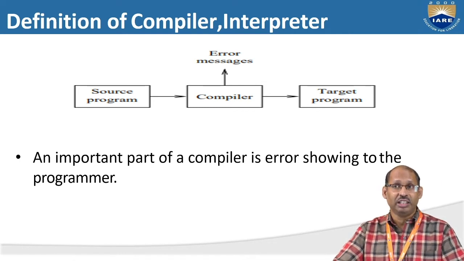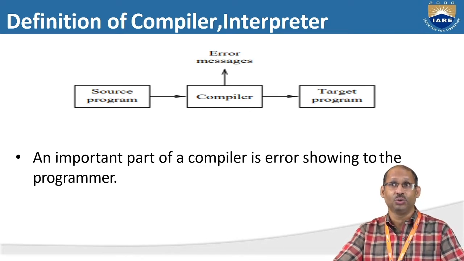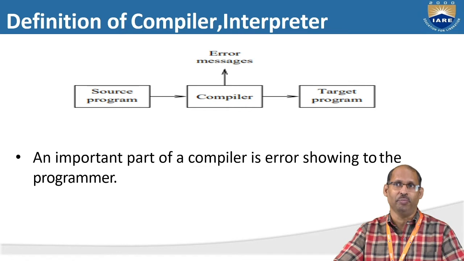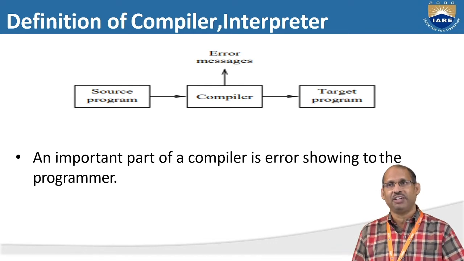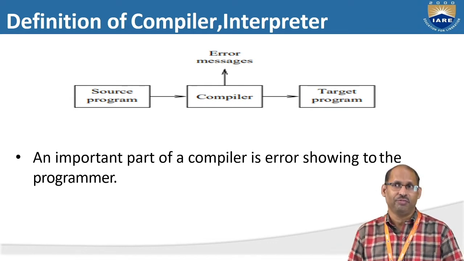So the error handler will take care of converting error messages to an understandable format, understandable sentences. Here the machine language is ones and zeros. Finding the error is done by the compiler, but those ones and zeros cannot be understood by the user or programmer.